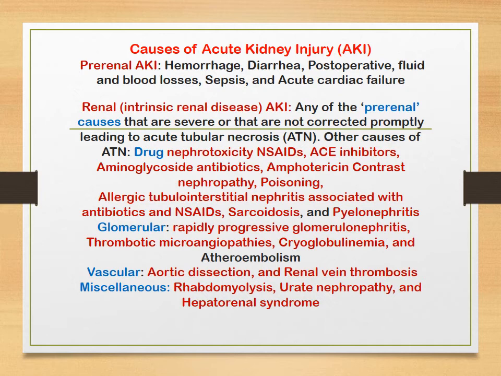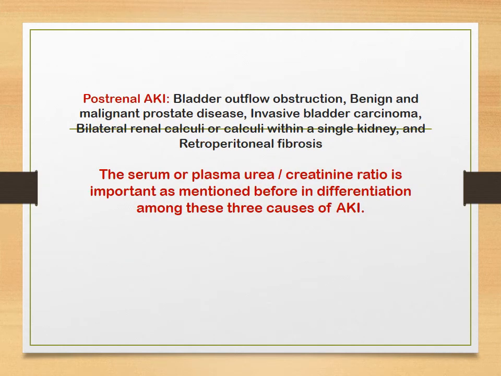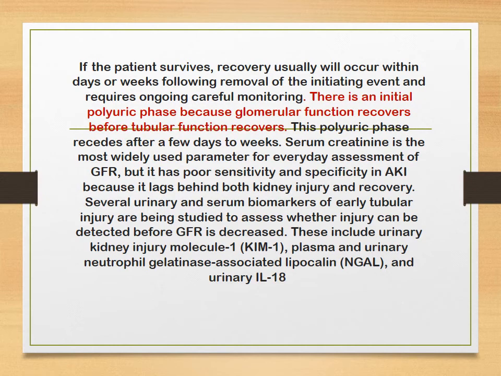And renal: the most common cause is acute tubular necrosis, maybe due to ischemia, maybe due to drugs, to the glomerular, to vascular. Post-renal is mainly due to benign prostatic hypertrophy, or maybe due to a stone in the ureter or urethra, or maybe bladder carcinoma. As mentioned before, the serum or plasma urea to creatinine ratio can differentiate between these three causes, and I illustrated it well in part 1.